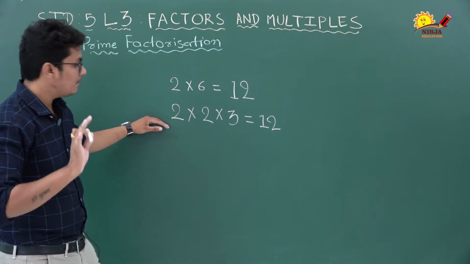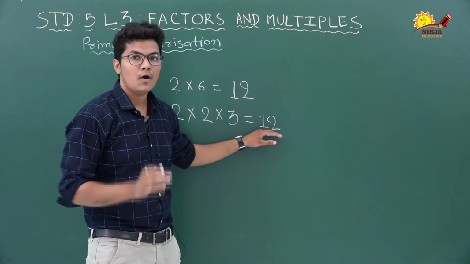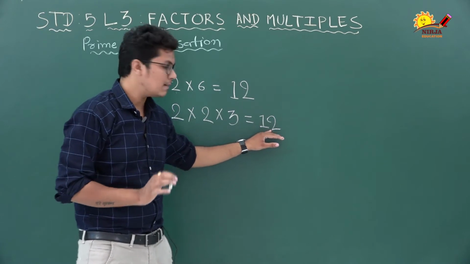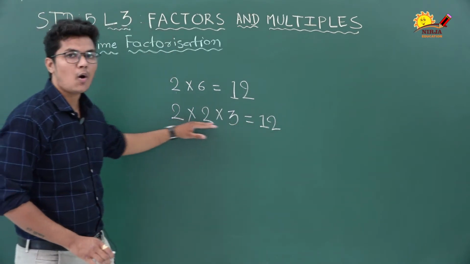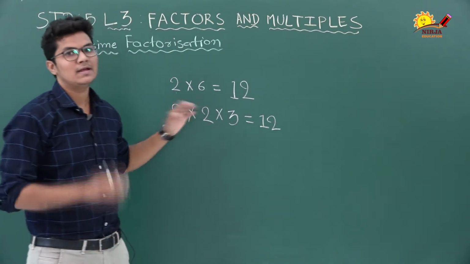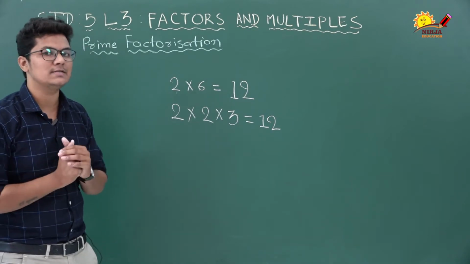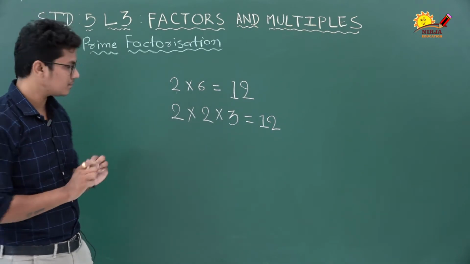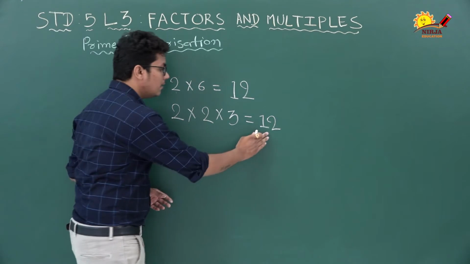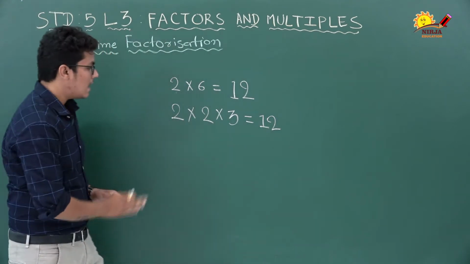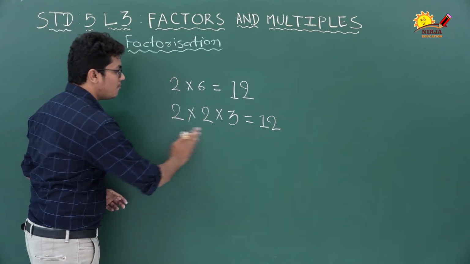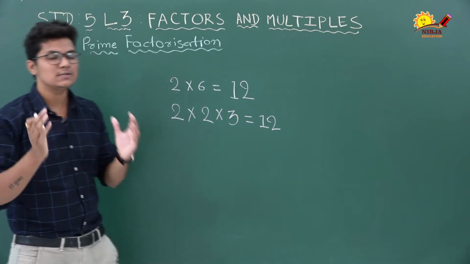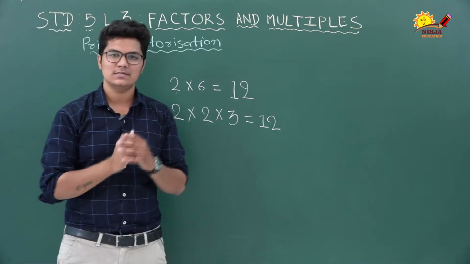So children, a composite number can be shown as a product of prime numbers. This is called prime factorization. Easy, right? Again, a number can be shown as the product of prime factors. This is what we call prime factorization.